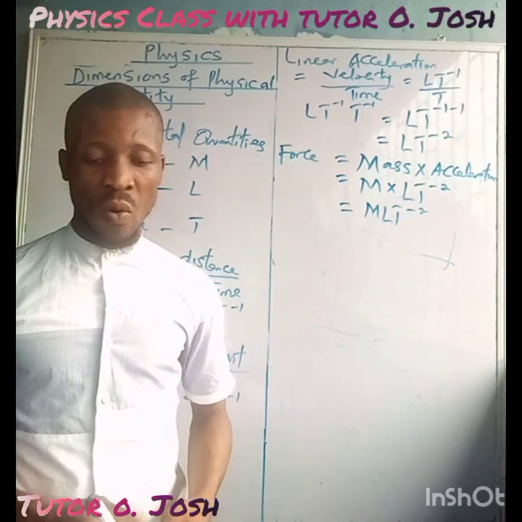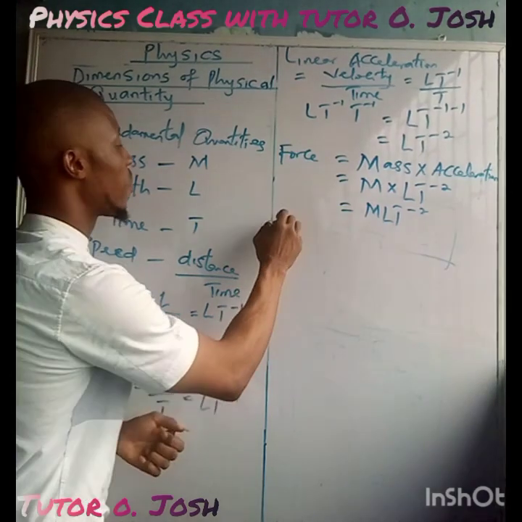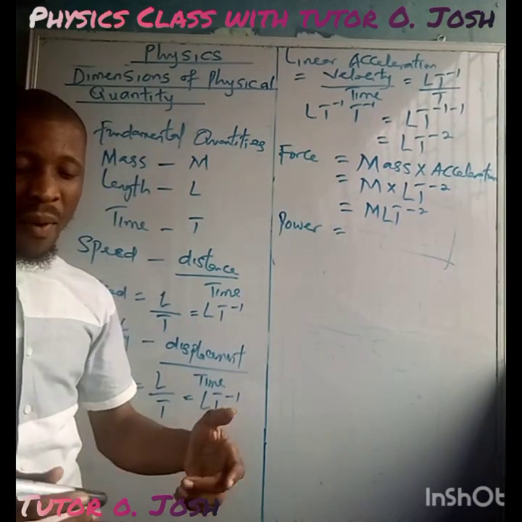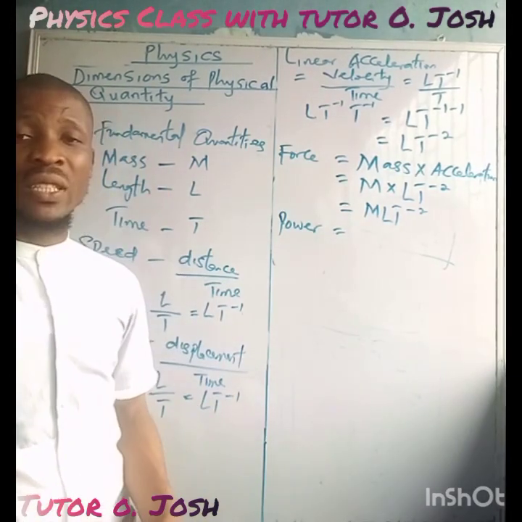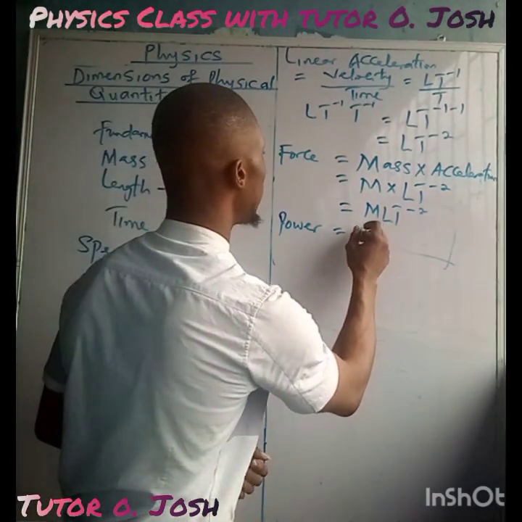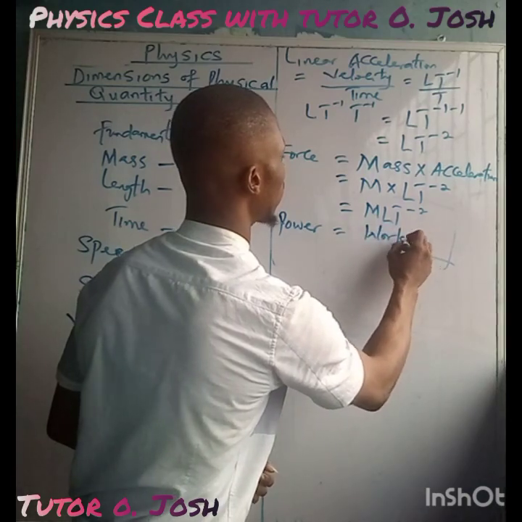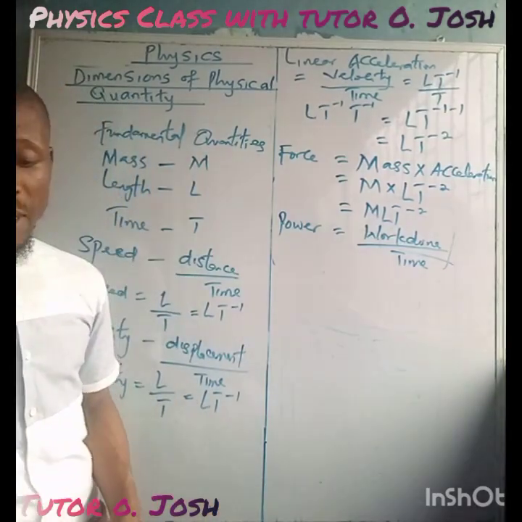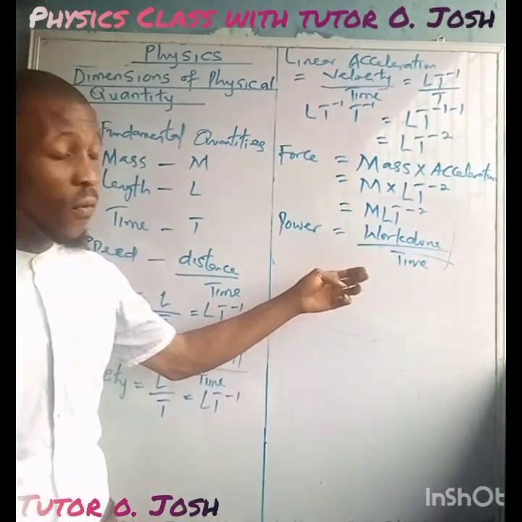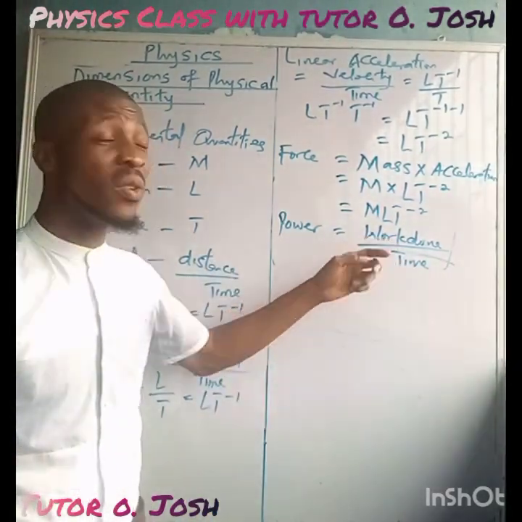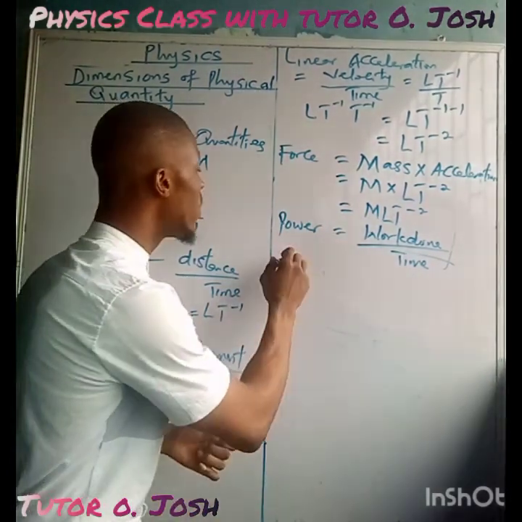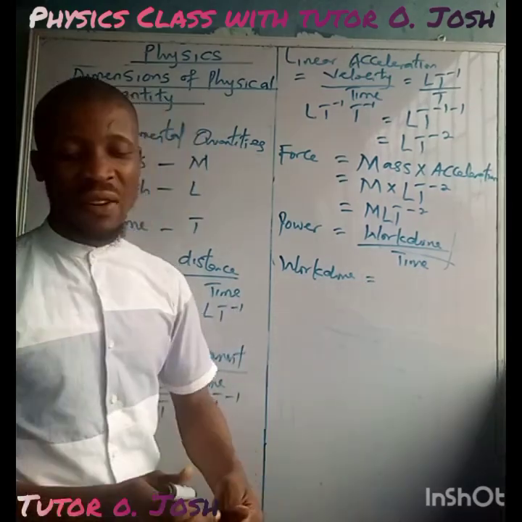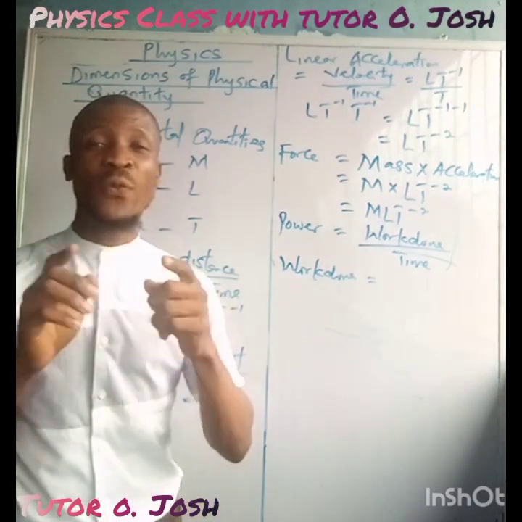Now let's consider one more: power. What is the formula for calculating power? Power is the rate of work done with time, so power is given as work done over time. We first need to look for the dimension of work done. Work done is the product of force and distance.